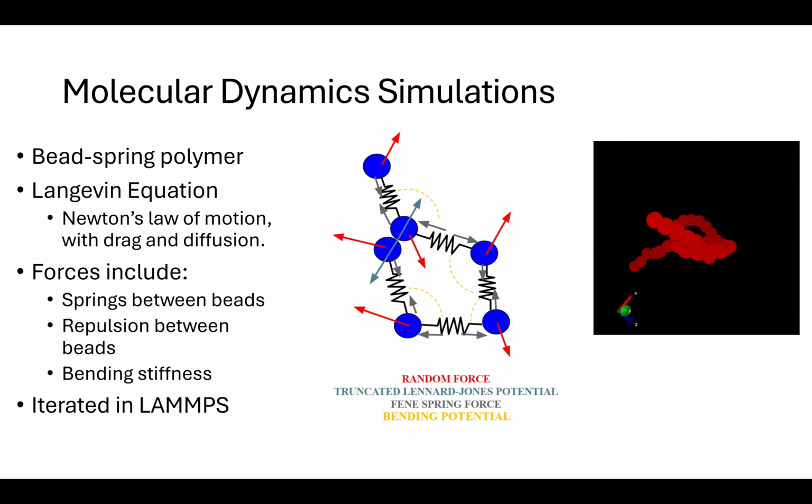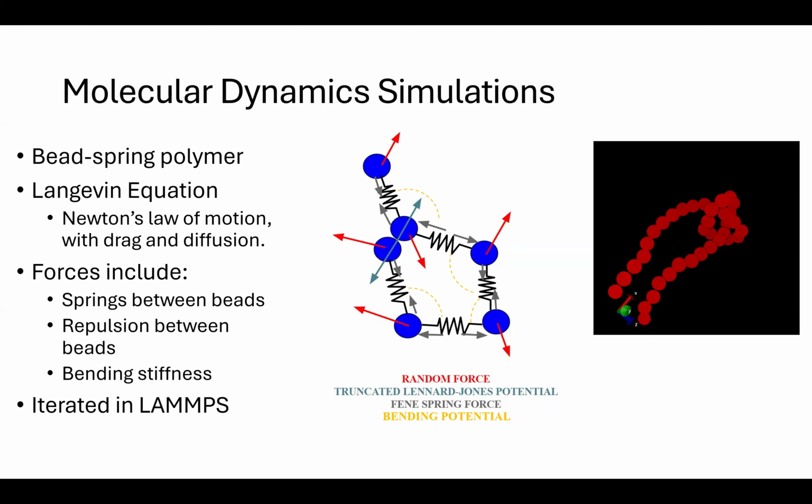The other method is molecular dynamics, which simulates the motion of atoms under certain forces that you impose on the system. In polymer dynamics, this is called a bead spring system. You have beads, which represent the atoms, connected by springs, which represent the bonds. Their motion is propagated into the future using the Langevin equation, which adds drag and diffusion, which simulates a molecule in a liquid at thermal equilibrium.